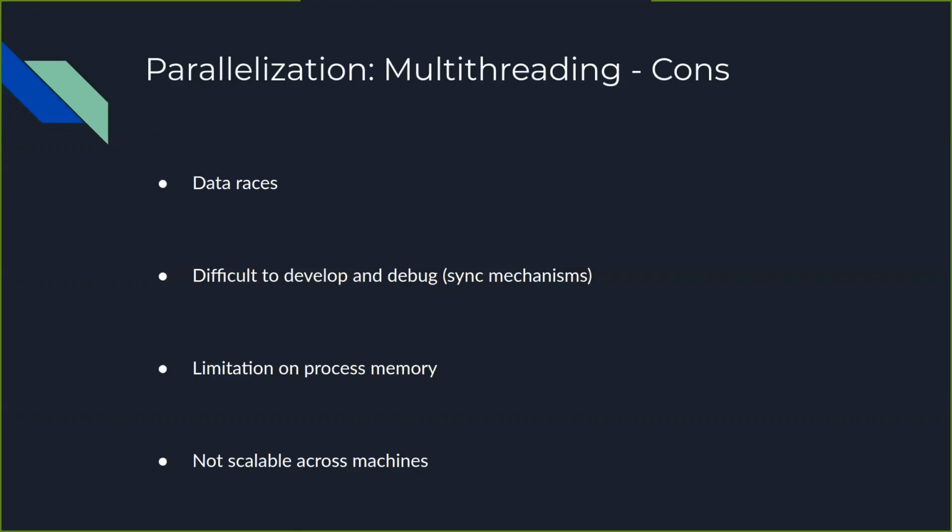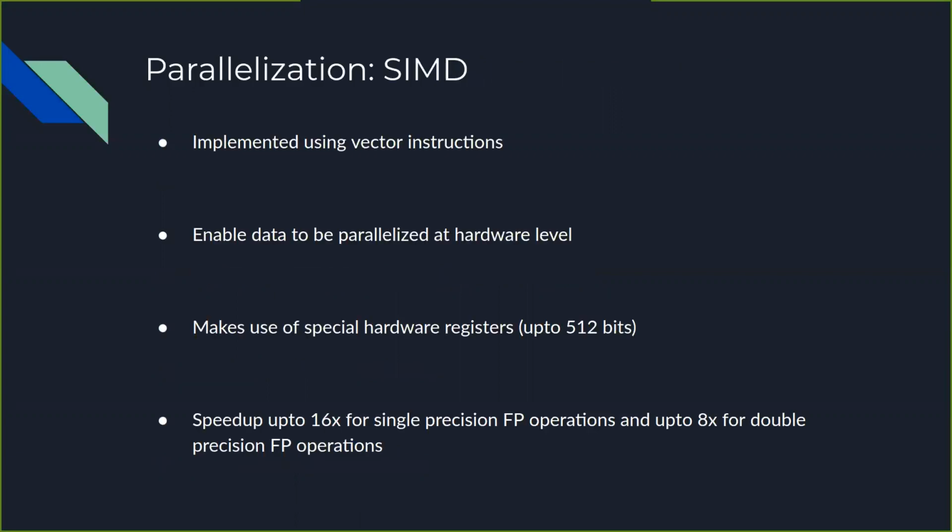So the first form of parallelization which OpenMP provides is SIMD. SIMD stands for Single Instruction Multiple Data, and this is essentially taking advantage of the hardware registers that are available on modern processors.